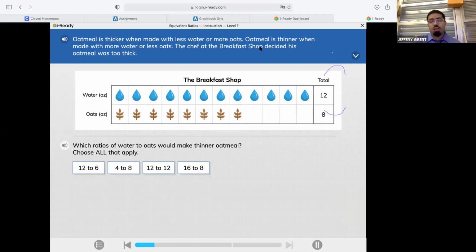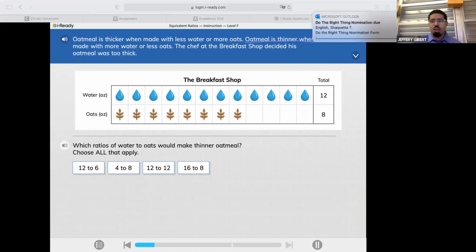All right, so on this one, he wants thinner oatmeal. And for oatmeal to be thinner, it says oatmeal is thinner when made with more water or less oats. So if we're starting with 12/8, we need there to be more water than 12 or less oats.